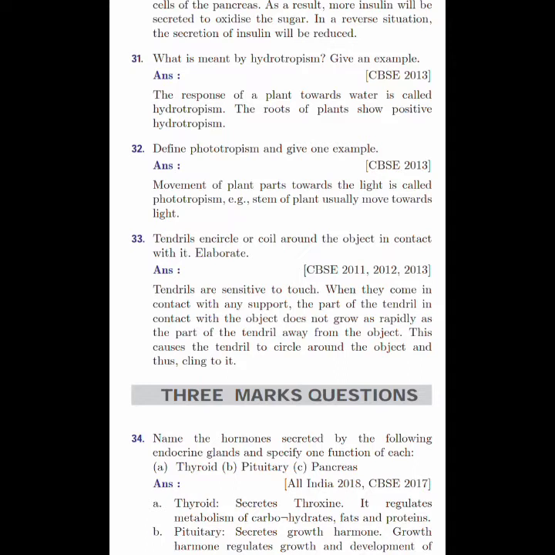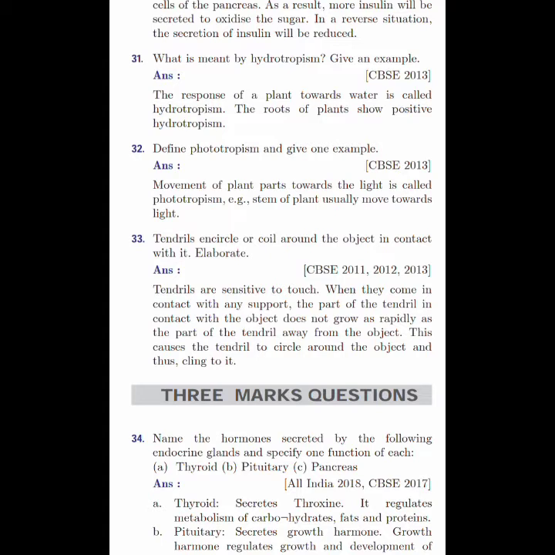Next question, tendrils encircle or coil around the object in contact with it. Elaborate. This was a question asked in the year 2011, 12 as well as 13. So tendrils are very sensitive to touch. Okay. So when they come in contact with any support, the part of the tendril in contact with the object doesn't grow as rapidly as the part of the tendril away from the object.